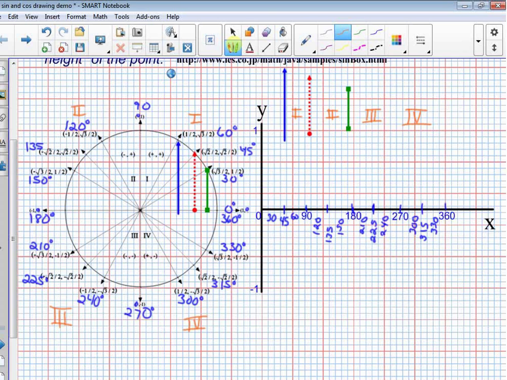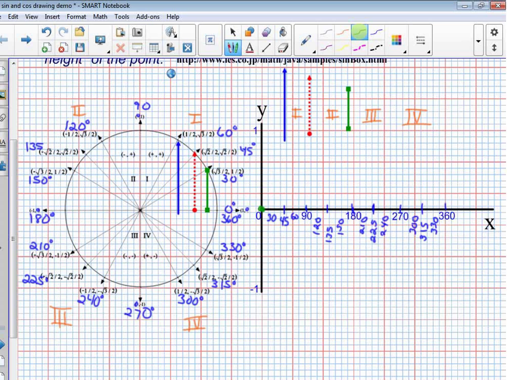So to show you how this works, I'm going to use the lengths of the y-coordinates. If you look at the sine of 30 degrees, well, first of all, the sine of 0 is the y-coordinate of 0. So we'll just mark that in green here, at the origin.